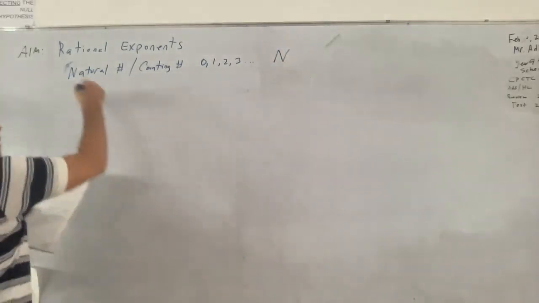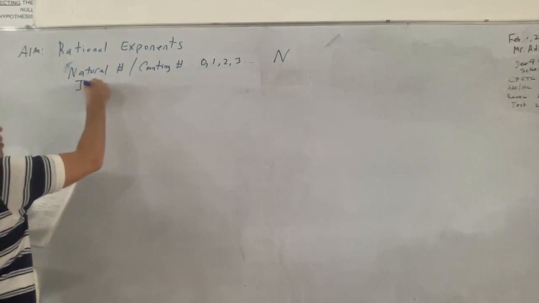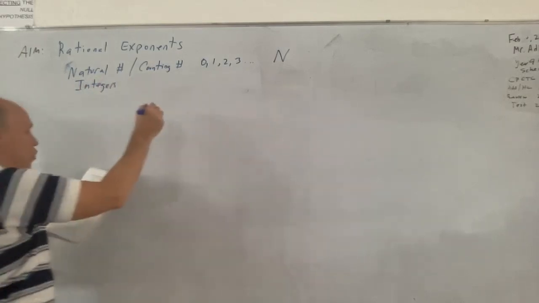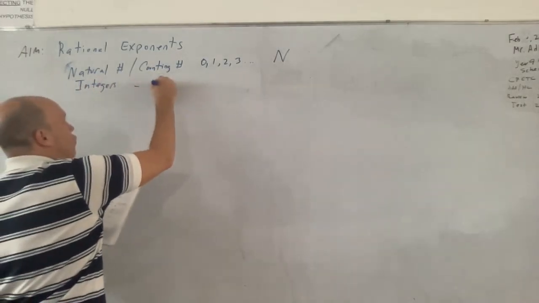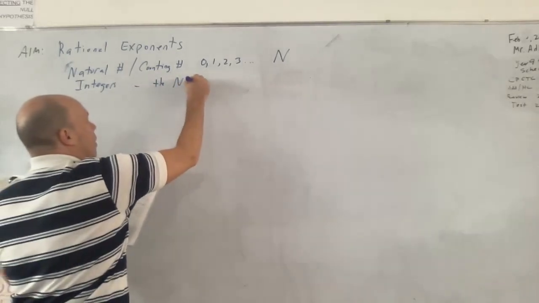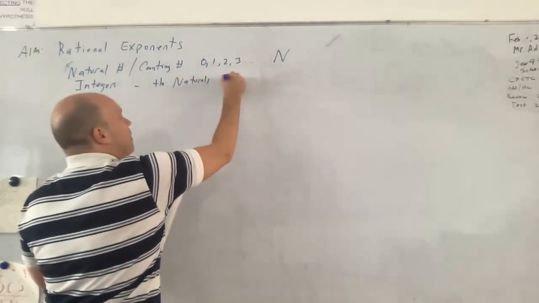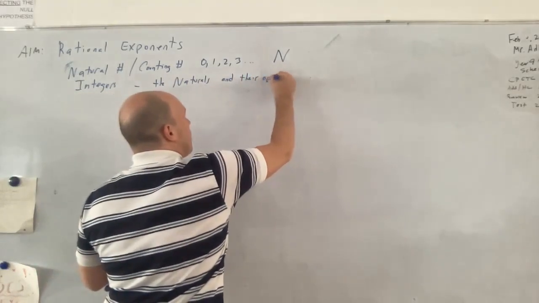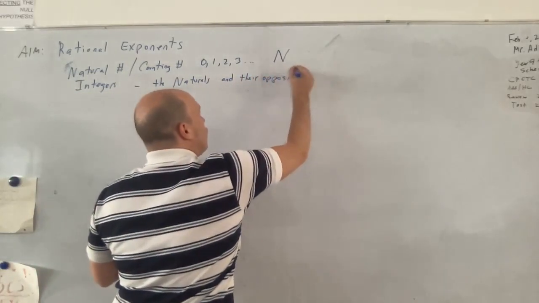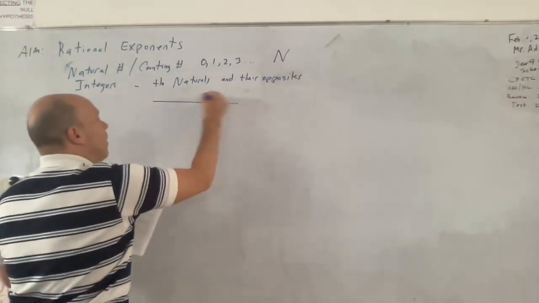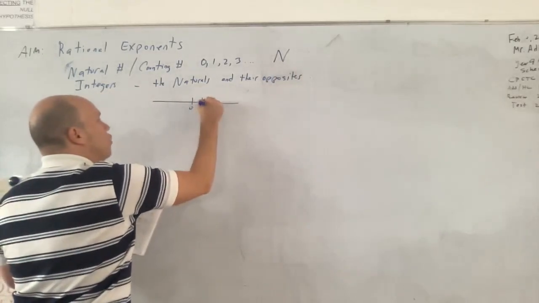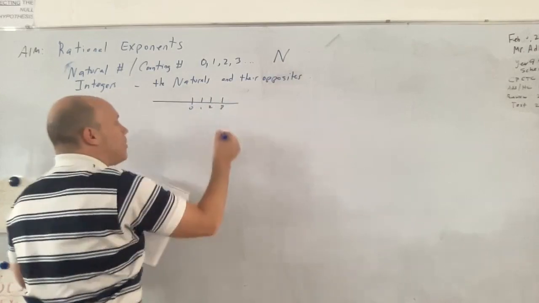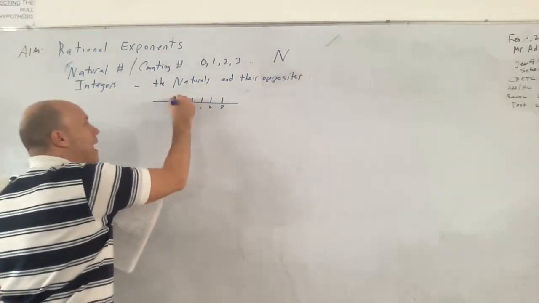The next set of numbers we discuss is integers. Integers are basically the naturals and their opposites. On the number line, we have 0, 1, 2, and 3. What's the opposite of 1? Negative 1.